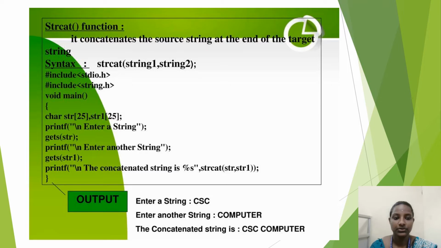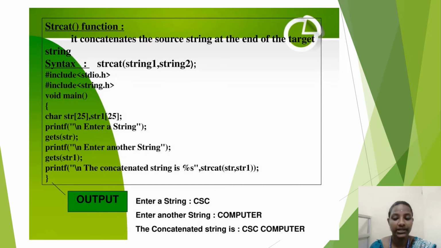Again, we are using the header file stdio.h for input output statements, and string.h for string handling functions. Again, in the printf, we are giving "enter a string". For our output, we are giving CSC. So this is our source string. And the other string is our second string, that is the target string, computer.